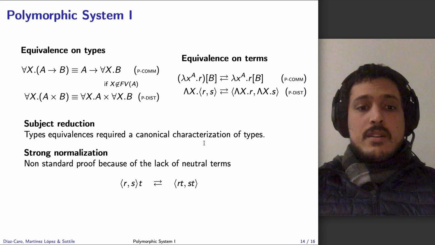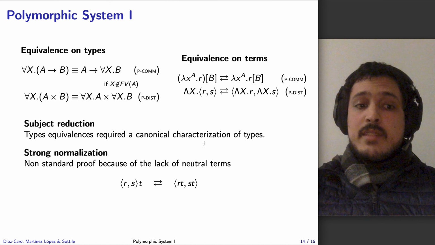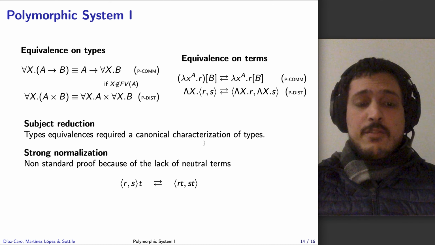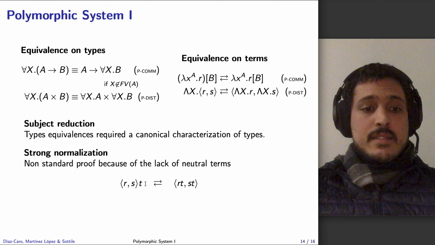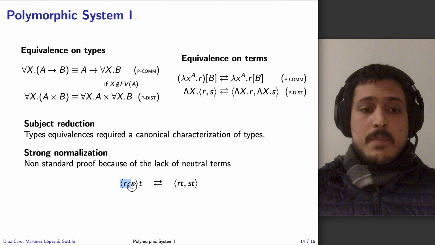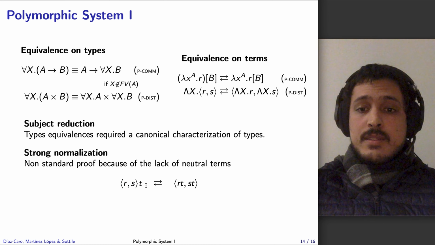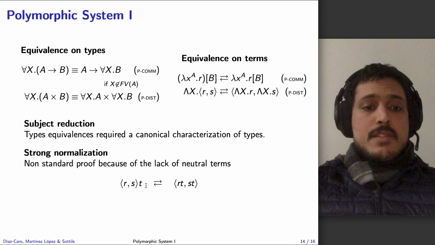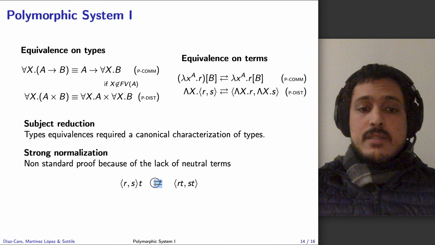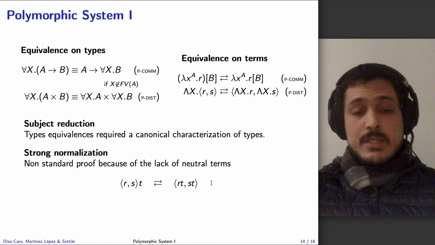And we are currently proving strong normalization, which is a non-standard proof because we don't have neutral terms here, right? This term is an elimination and therefore a neutral term. And via equivalence, it can be transformed into this introduction, which is not a neutral term.